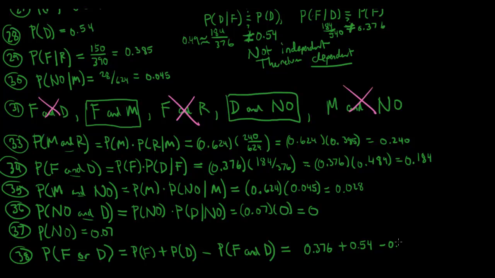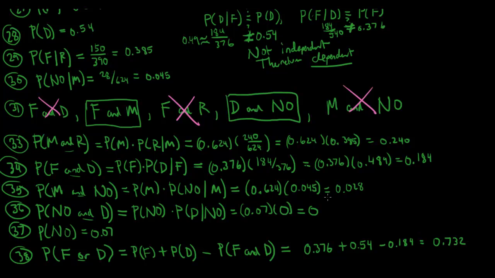So minus 0.184. So let's see. 0.376 plus 0.54 minus 0.184, and I get 0.732.